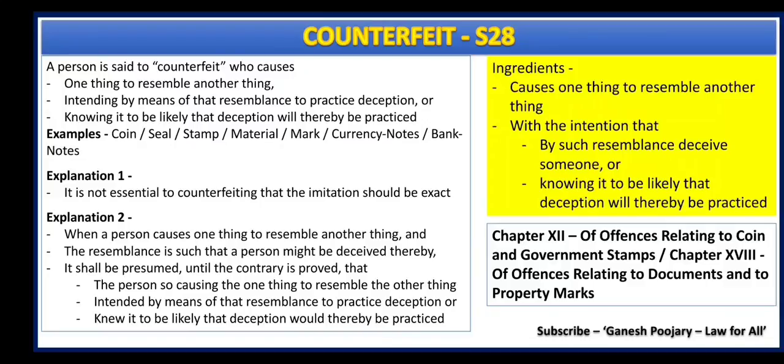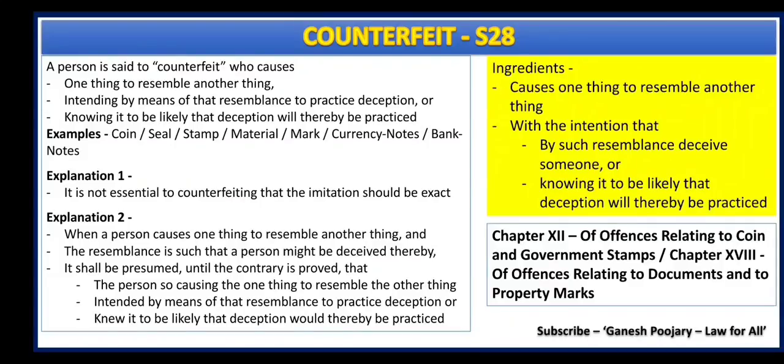So you have to always keep in your mind that there is one thing already available, that can be a coin, seal, stamp, whatsoever. I have already given examples, and this person is creating or resembling the same thing, and by doing so he wants to deceive someone, or he knows that it may be used to deceive someone. Now that's all about counterfeit.